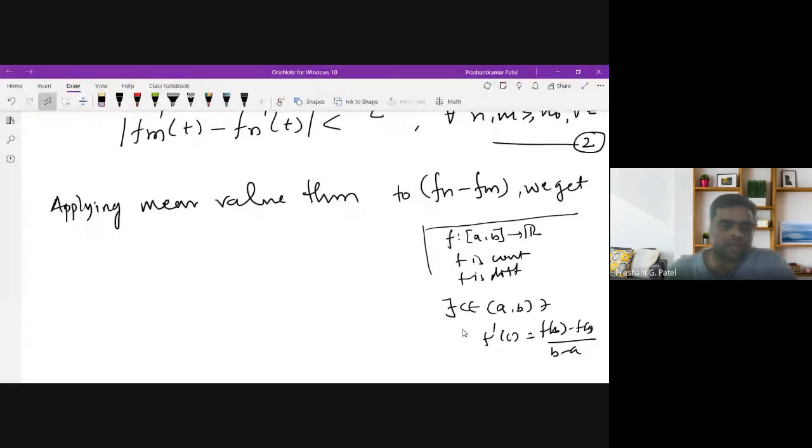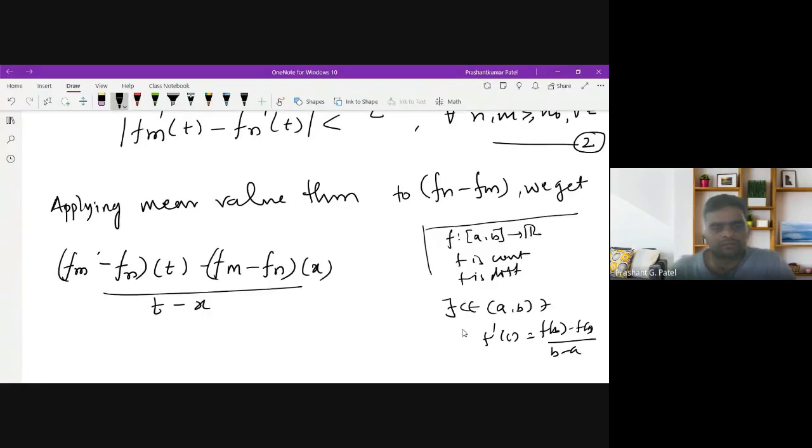So I can say that there exists some xi such that (f_m - f_n)(t) - (f_m - f_n)(x), upon t minus x, is equal to the derivative of this, that is (f_m - f_n)' at xi, for some xi belonging to between t and x.